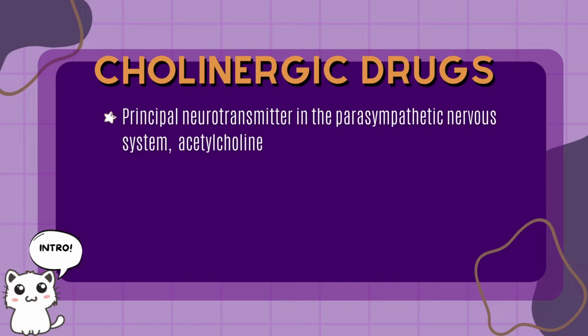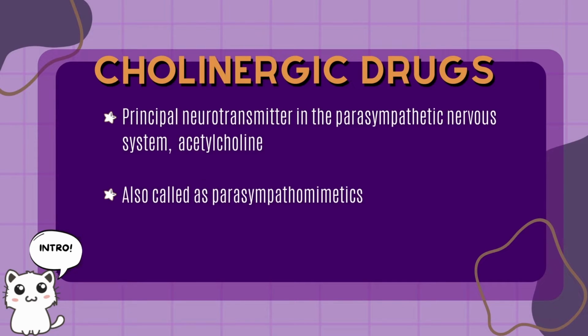In cholinergic drugs, their common function is that they stimulate the activation of the parasympathetic nervous system by activating receptors for the ligand or neurotransmitter acetylcholine. That's why they are also called parasympathomimetic, because they mimic the effects of the parasympathetic nervous system transmitter.